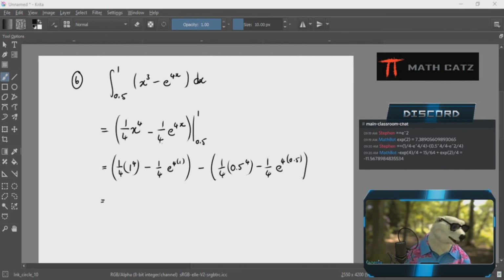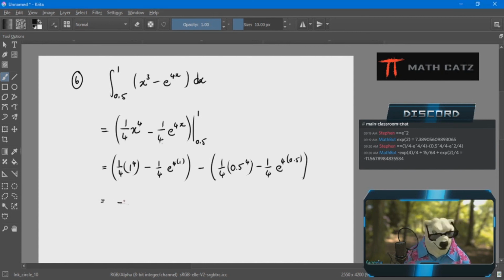Please check that I get the same calculation. And now we're going to get, according to this, negative 11.57, let's say.